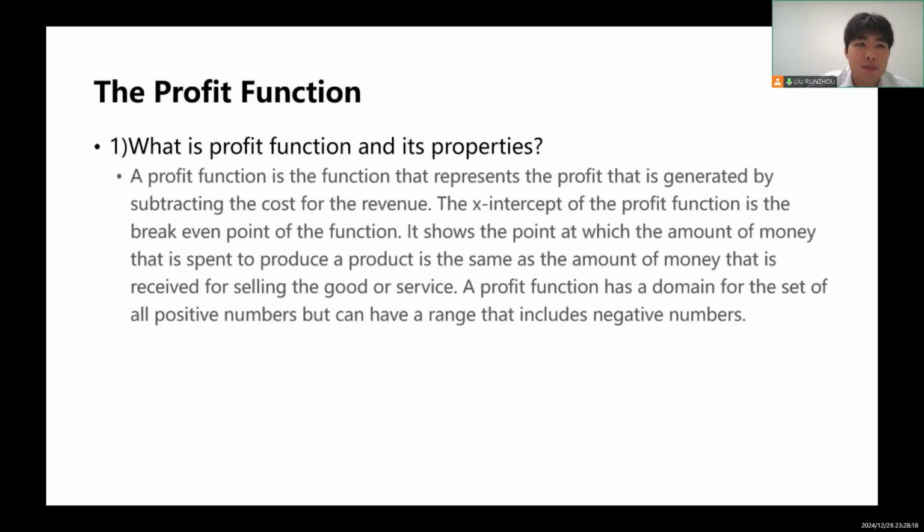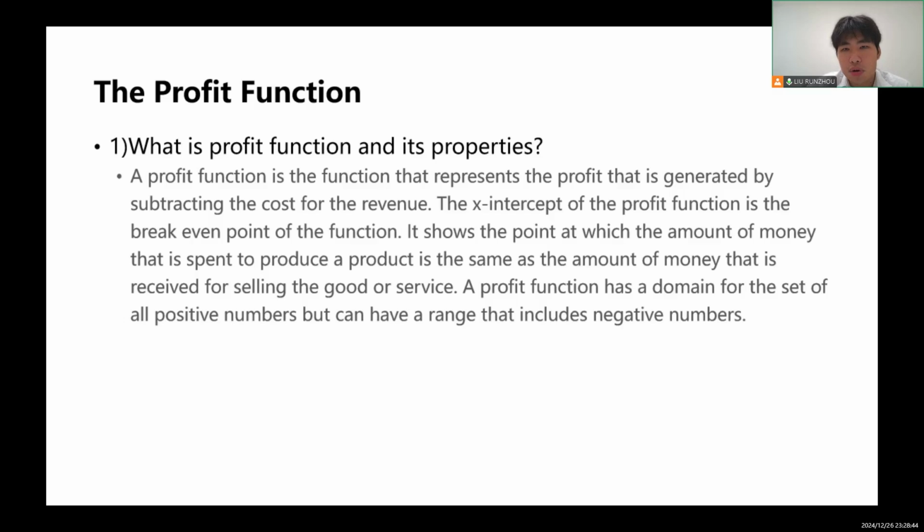Well, let's talk about the profit function. The question is, what's the profit function and what are its properties? A profit function is a function that represents the profit, generated by subtracting the cost from the revenue. The x-intercept of the profit function is the break-even point of the function.